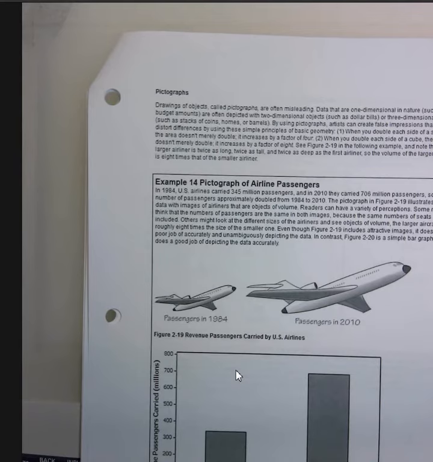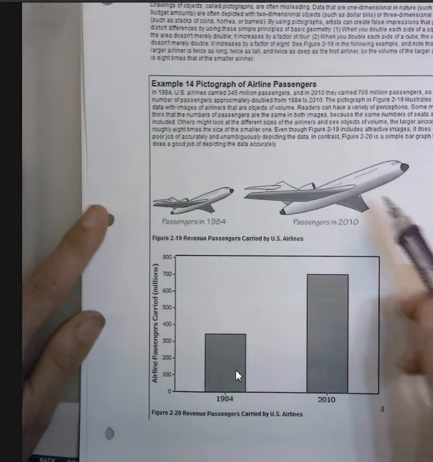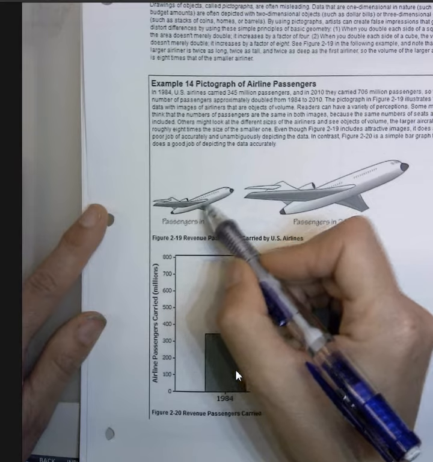Data that are one-dimensional in nature, such as budget amounts. One dimension means they're only showing one thing, like what the budget was. They're only measuring one variable. Here, what they're basing it on is the area of the drawing.